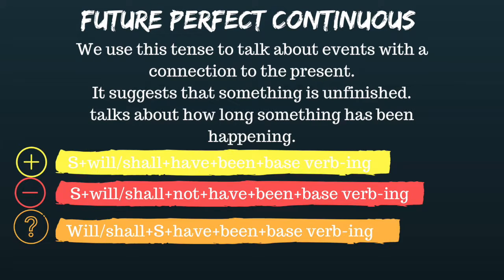Then we have the negative form, which is the subject plus will or shall plus not plus have plus been plus a base verb in ing. Then the interrogative form is will or shall plus subject plus have plus been plus a base verb ending in ing.